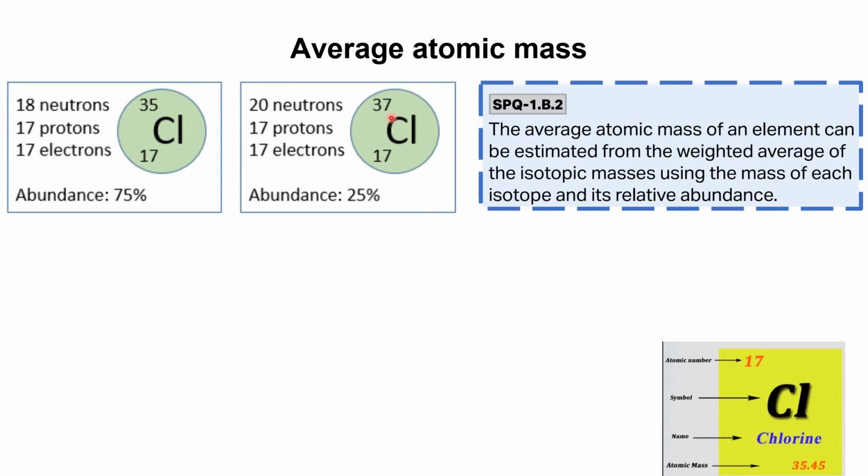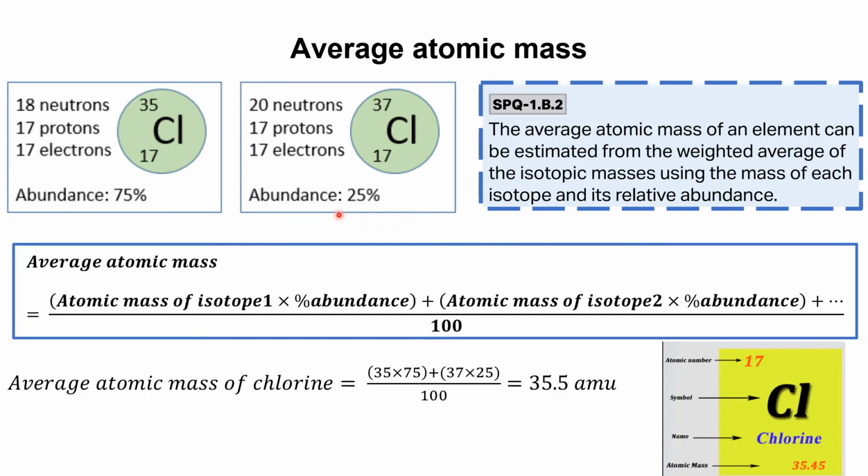How is it calculated? It is calculated from their percentage abundance. There's a formula which can help in calculating this. The formula is: average atomic mass is equal to the atomic mass of isotope 1 multiplied by its percentage abundance, plus the atomic mass of isotope 2 multiplied by its percentage abundance, plus so on.